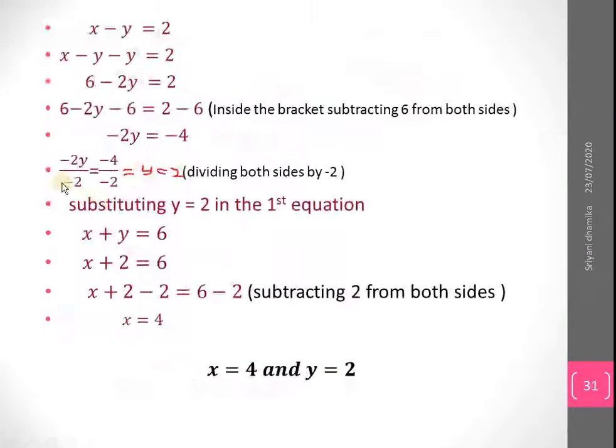This step can be written this way: y equals 2, so substitute 2. x plus 2 equals 6. Subtract 2 from both sides, so the value of x equals 4. Then we can take the solutions of this simultaneous equation: x equals 4 and y equals 2.